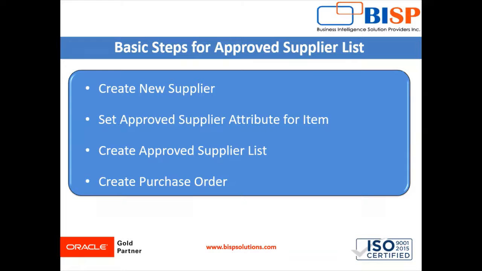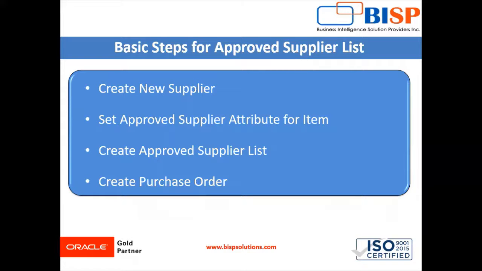An approved supplier list is a compiled list of the suppliers approved by the company as a source from which to purchase the materials, the items. It is usually created by the procurement team and engineering team using a variety of criteria such as the functional fit of the product, financial stability, and past performance of the supplier.